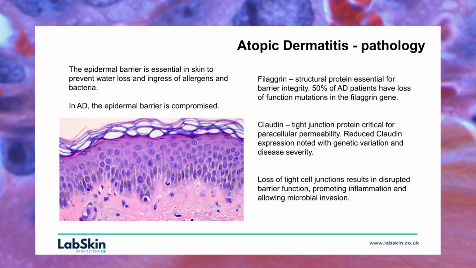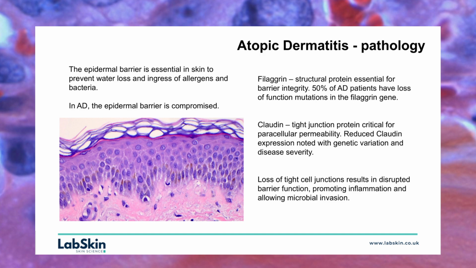The epidermal barrier is essential in skin to prevent water loss and ingress of allergens and bacteria. In atopic dermatitis, the epidermal barrier is compromised. Filaggrin is a structural protein essential for barrier integrity, and in 50% of all atopic dermatitis patients, they have a loss of function mutation in their filaggrin gene.